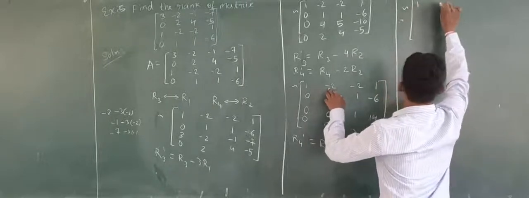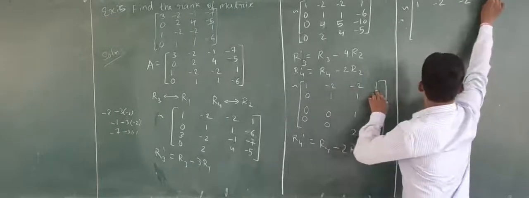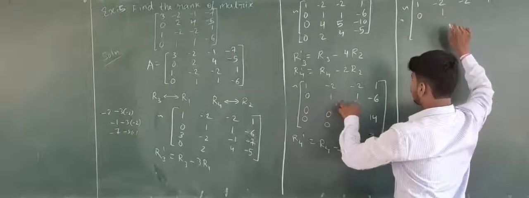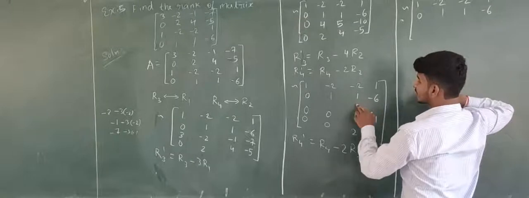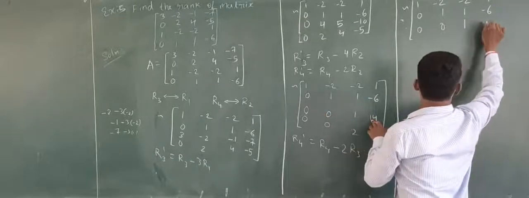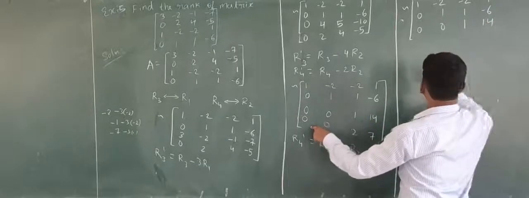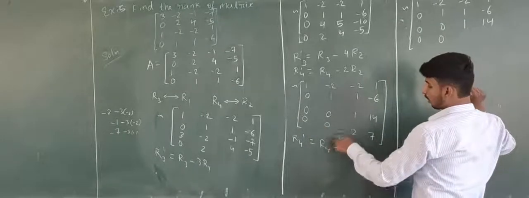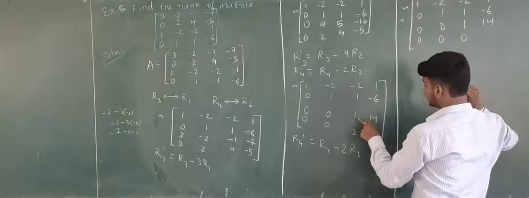We can write it as 1, -2, -2, 1; 0, 1, 1, -6; 0, 0, 1, 14; and we are changing the last row, that is 0, 0, 0, with R4 minus 2 R3. 2 minus 2 will be 0.